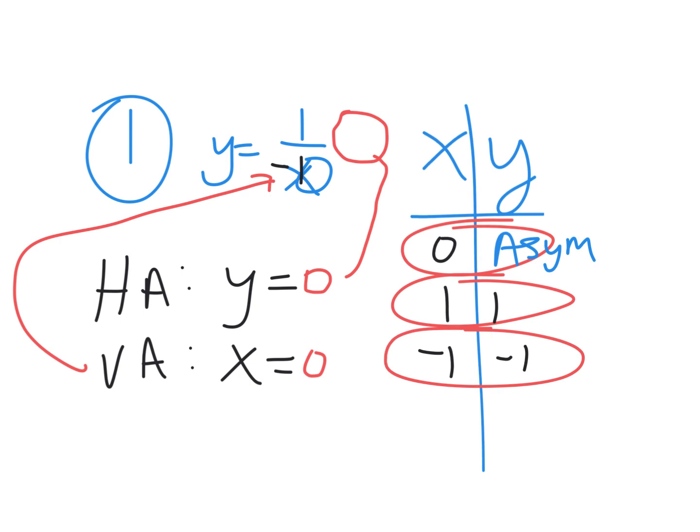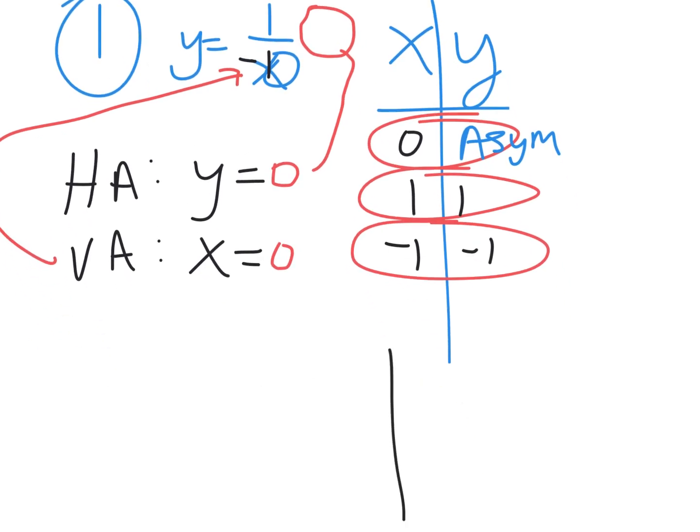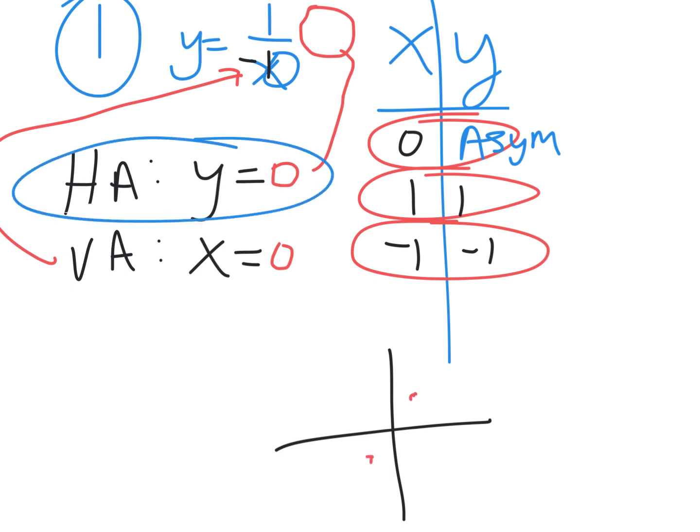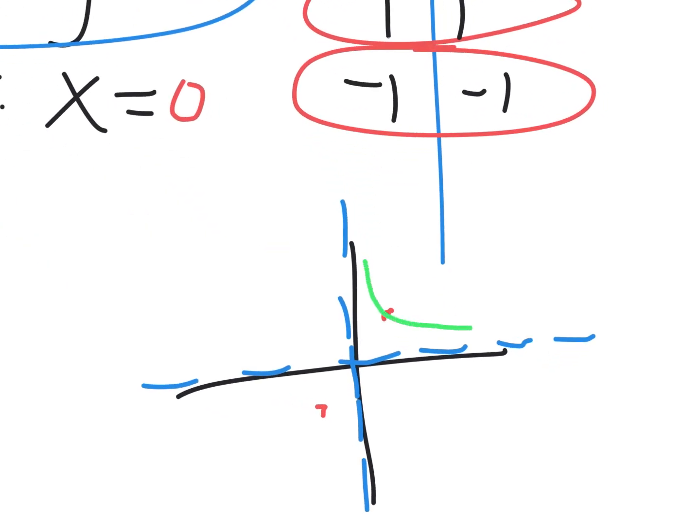And then if you graph these little dots and put in your asymptotes, horizontal line, like the horizon, and vertical line, like this, then you can use asymptotic behavior to finish it off and say, it'll be like a moth to a flame.